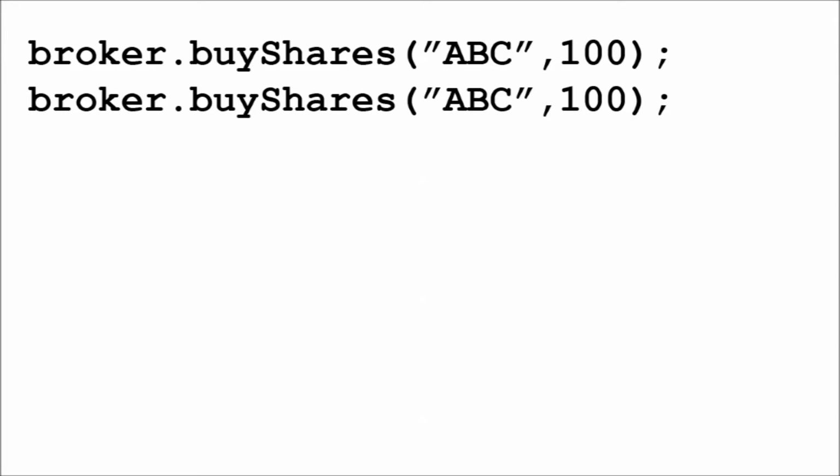This function is not idempotent because if you call buy shares twice with the same data, you're going to end up with 200 shares of ABC, not 100.